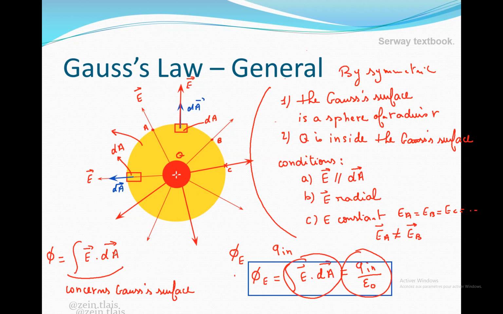dA is the area vector of this surface. And when we calculate the electric field, this field is calculated at the surface, and Qn concerns only the charge inside the surface.